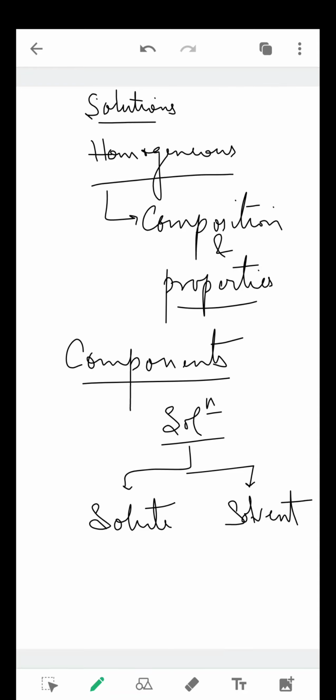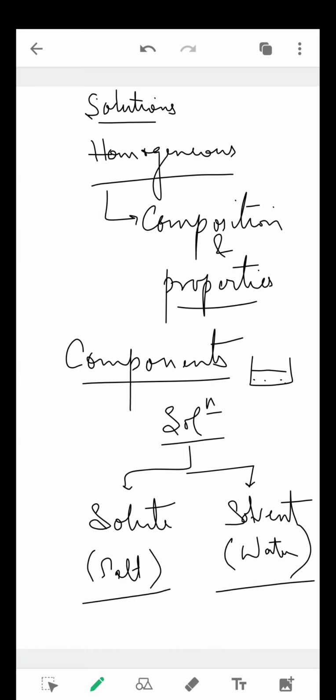Now in such a mixture, the component that is present in largest quantity is known as the solvent. So in the previous example, the water was the solvent and the solute is one or more components present in the solution other than the solvent. You can say that it is present in less quantity. So the salt was an example of solute. Okay, this was the introduction part.